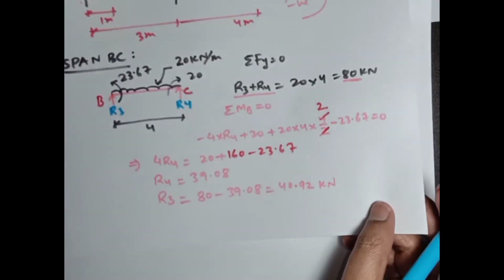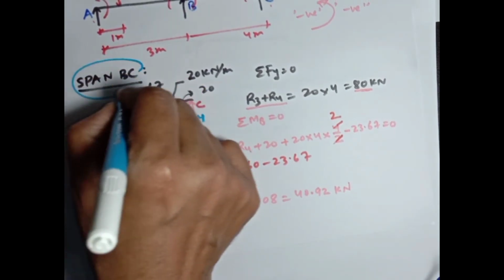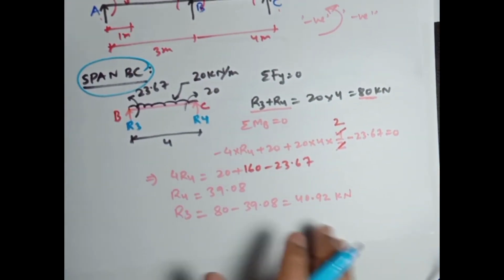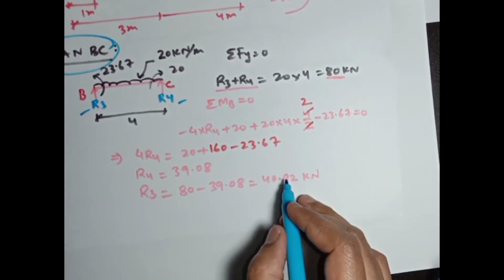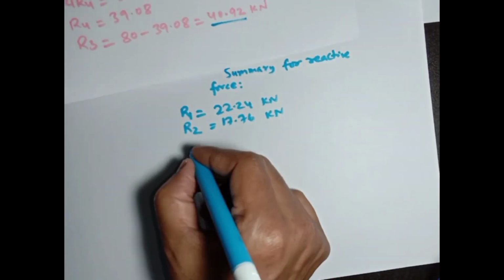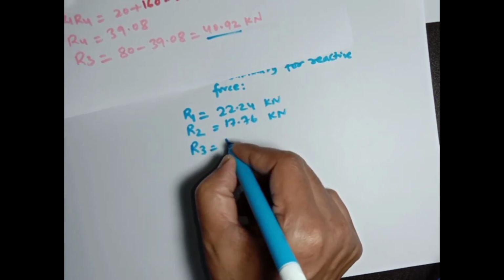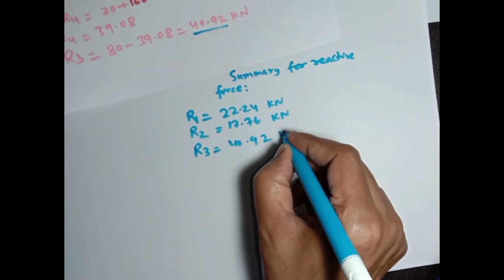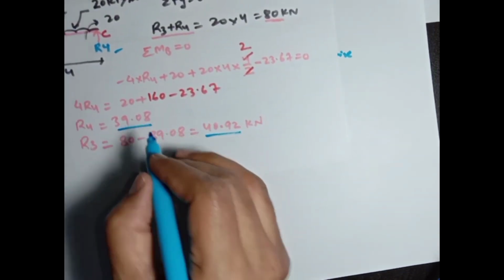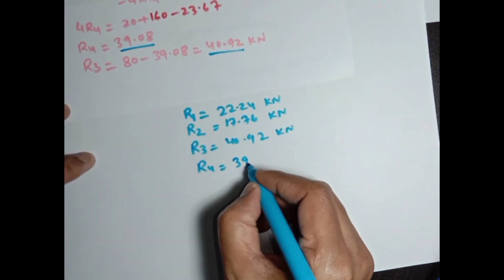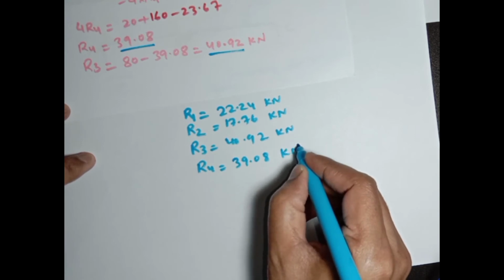And from here for the span BC, we have analyzed and found reactions R3 and R4. R3 value is 40.92 kilonewton, and R4 value is here 39.08.